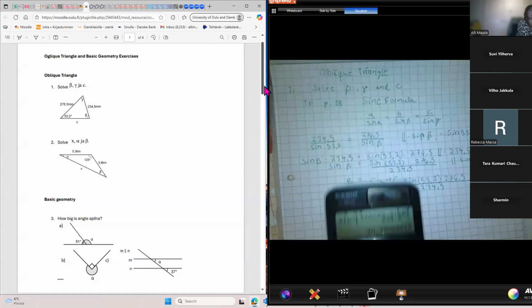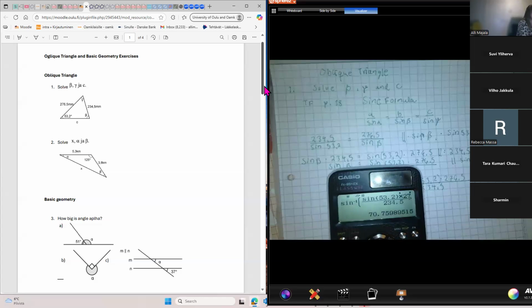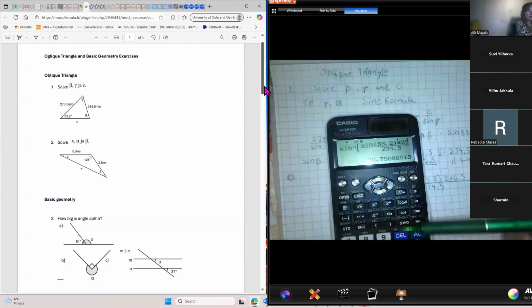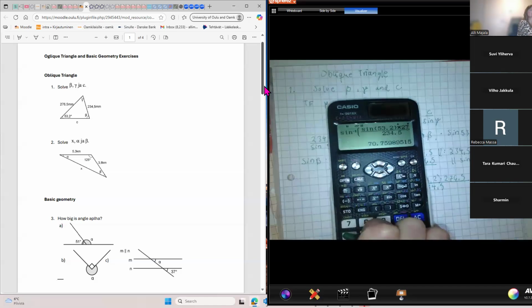Now it makes sense. I forgot to put this. I didn't press the shift button here. So the shift and then I get the sin -1. I just pressed this sin and I thought that it was that one.